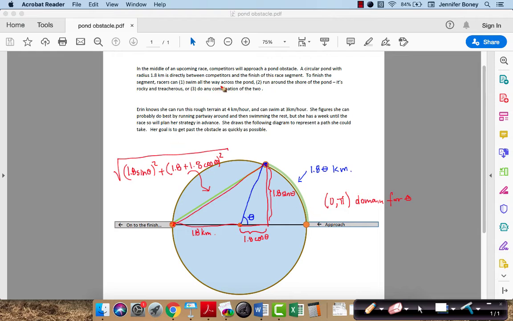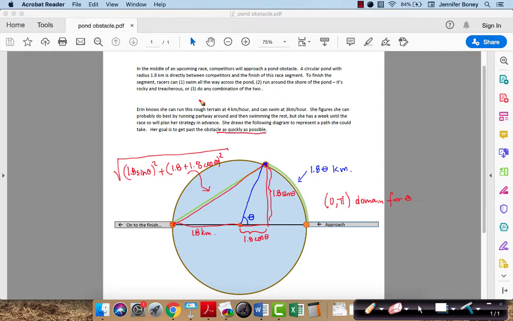So we still don't have it written altogether. We talked about this a little bit on Tuesday, but what we're actually trying to do is get past the obstacle as quickly as possible. As quickly as possible means we want to minimize time. So these are distances. We certainly want distances to be small to minimize time, but she's going at different speeds.